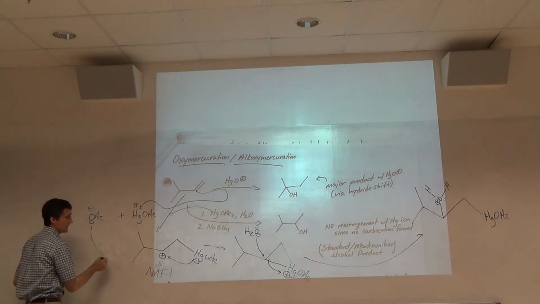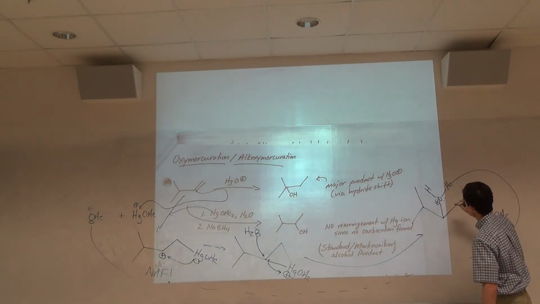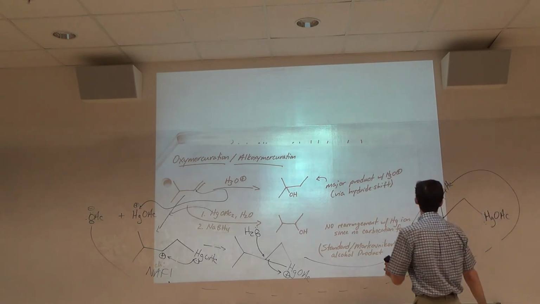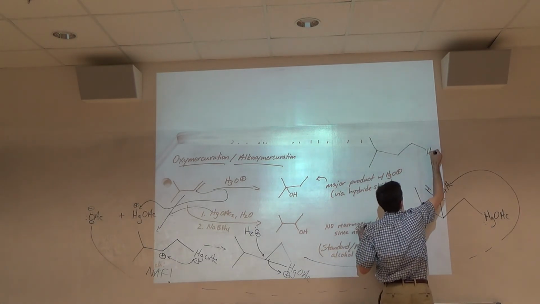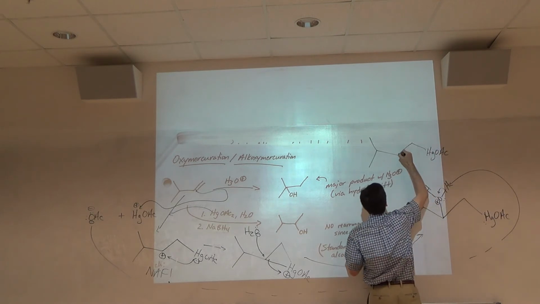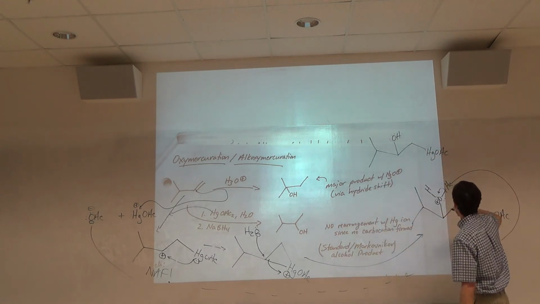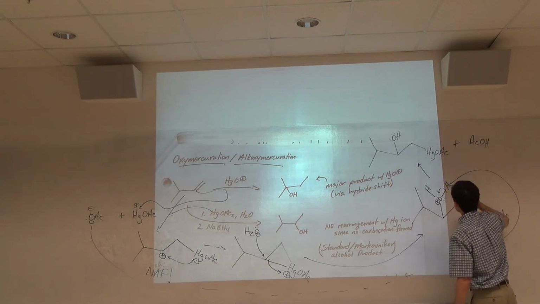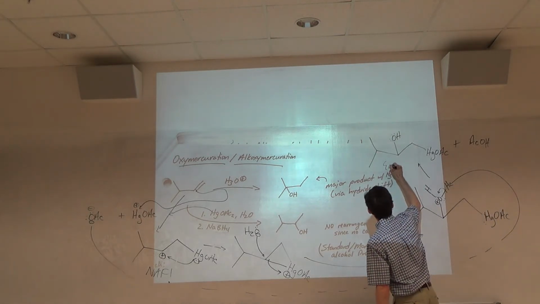This minus, we'll take the H, these electrons stay behind, and you end up with that plus acetic acid. And this is the end of step 1.